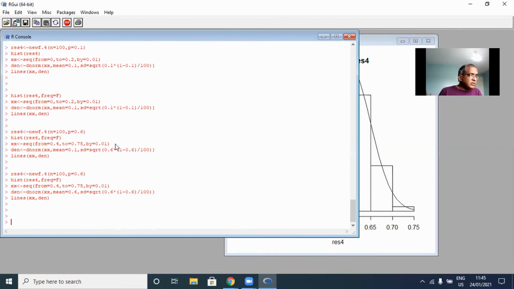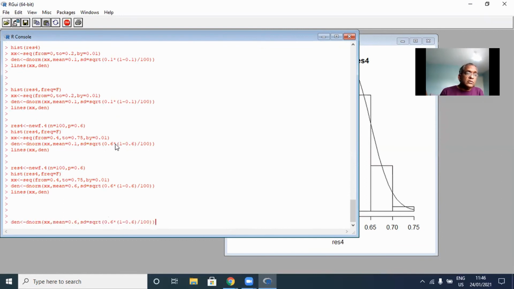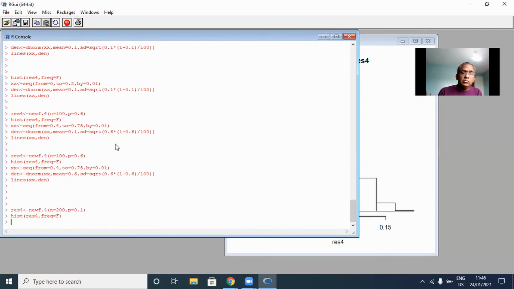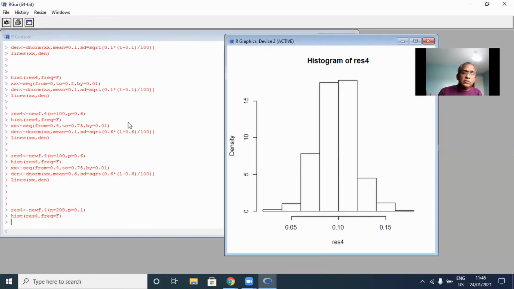Now let's repeat this with a different value for n, say 200. Let's start with n equal to 200 and p equal to 0.1, and draw a histogram of it, which looks like this.